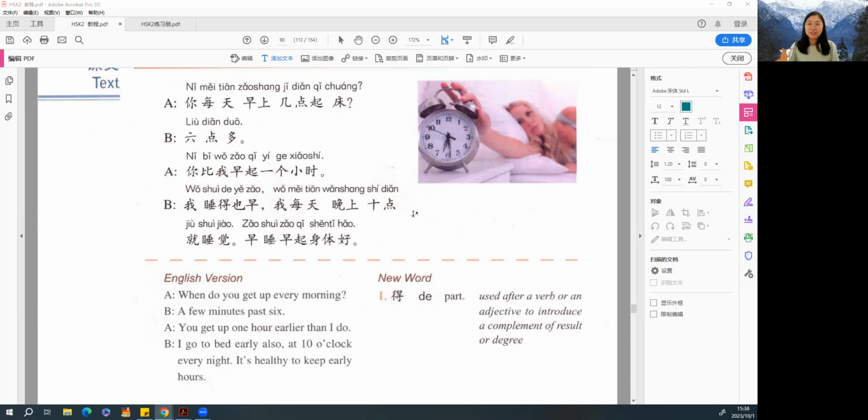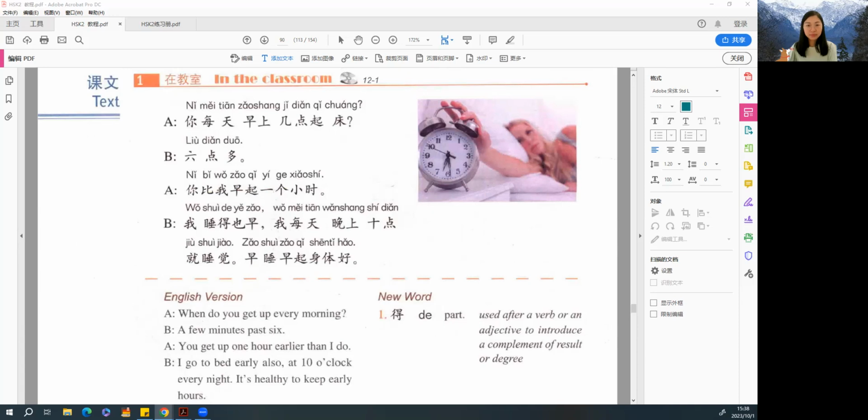And this comes to this very famous saying, 早睡早起身体好, makes my body fit, right? Sleeping early, waking up early makes my body fit. Yeah, so that's text 1 of the sleeping hours comparison. And now we are going to take a look at text 2.